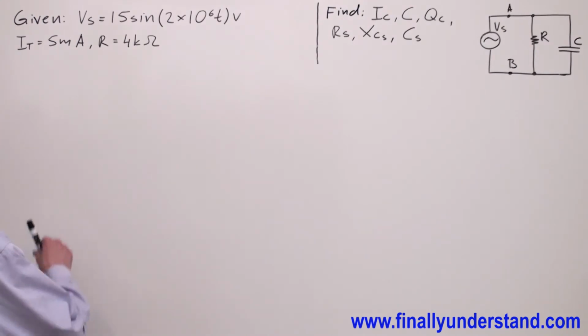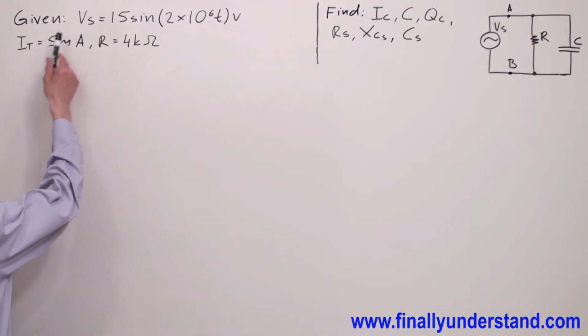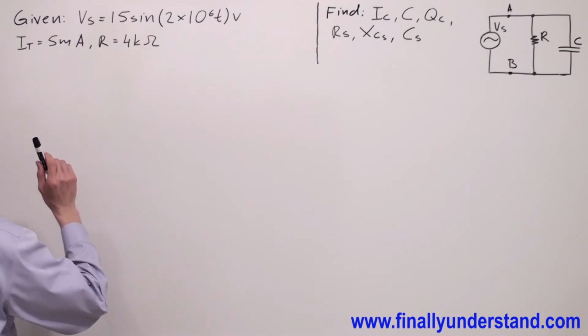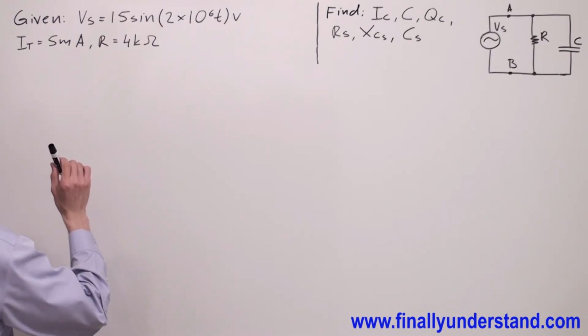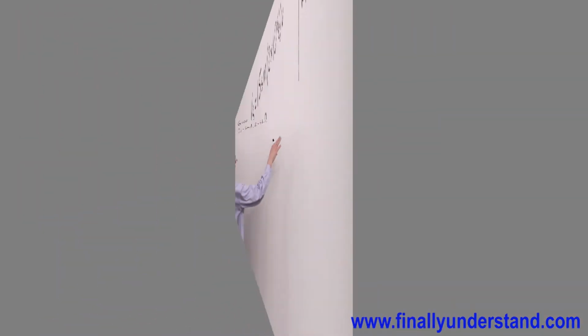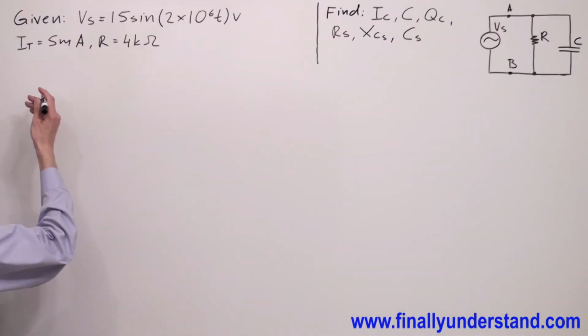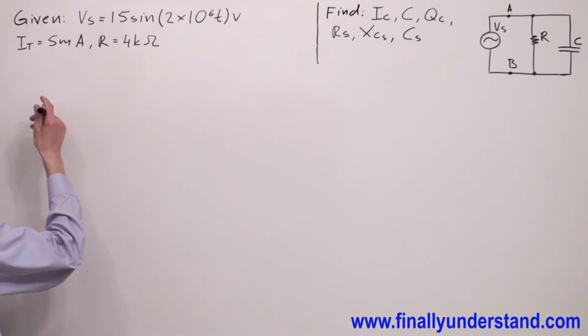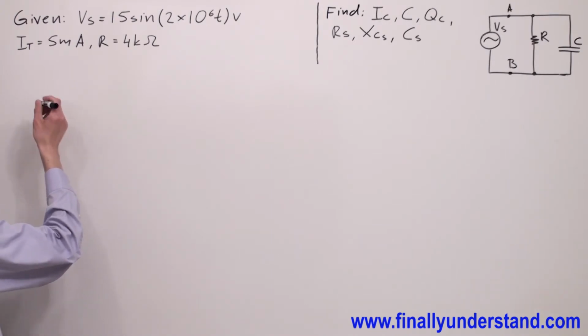So this is peak current and this is peak voltage. Now, we're supposed to find current IC and capacitance and the reactive power. So I'm going to start solving this problem from finding Z total.